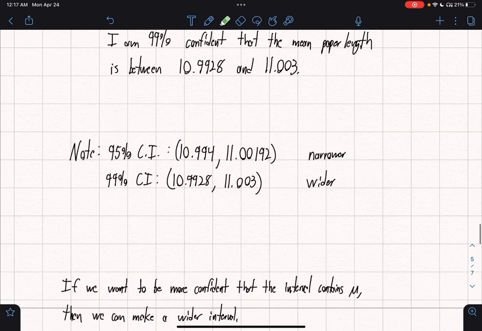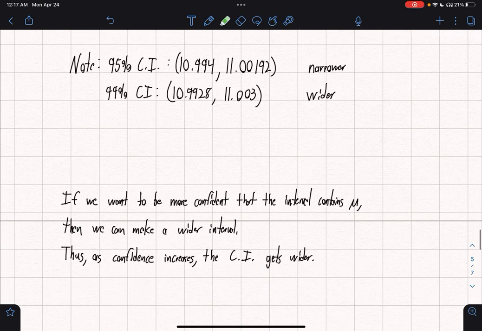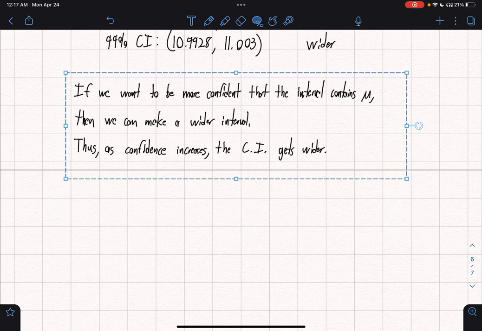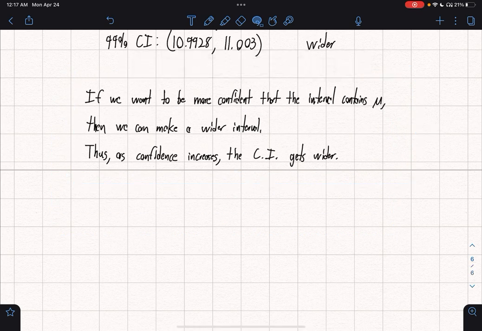So that makes sense, because if we want to be more confident that the interval contains mu, the population parameter we're interested in, then we can just make a wider interval, right?